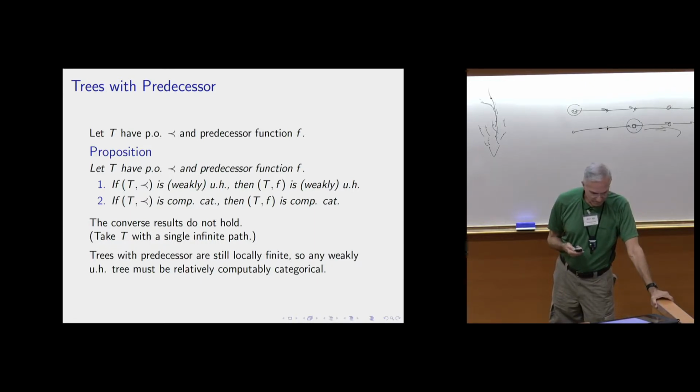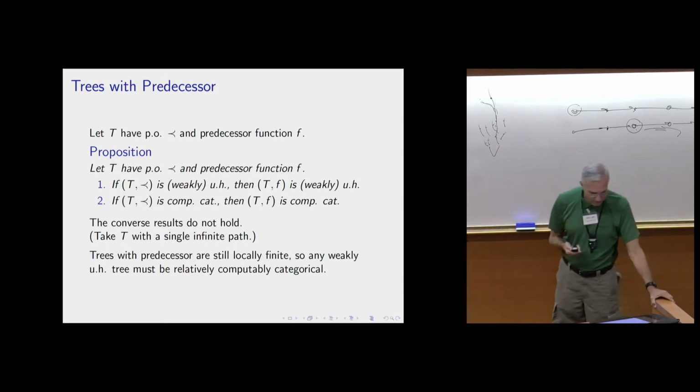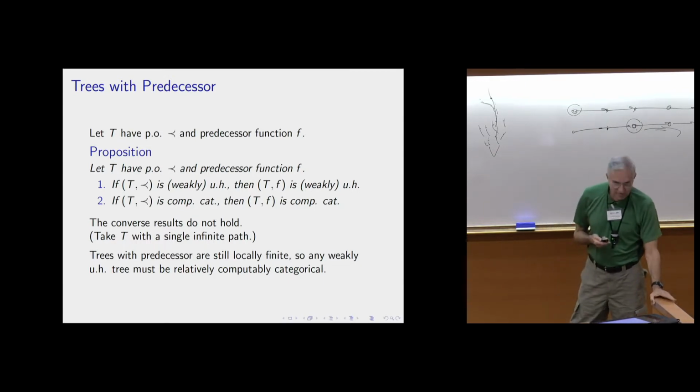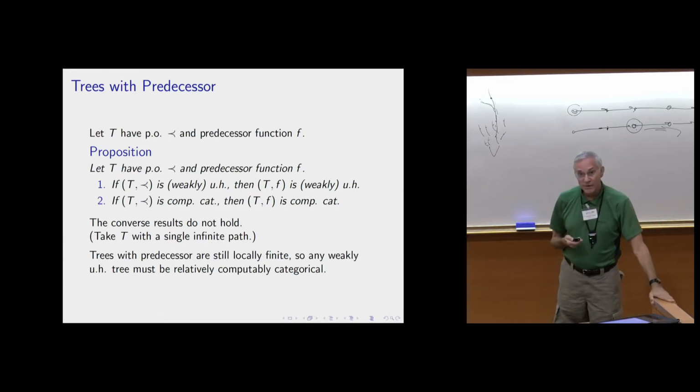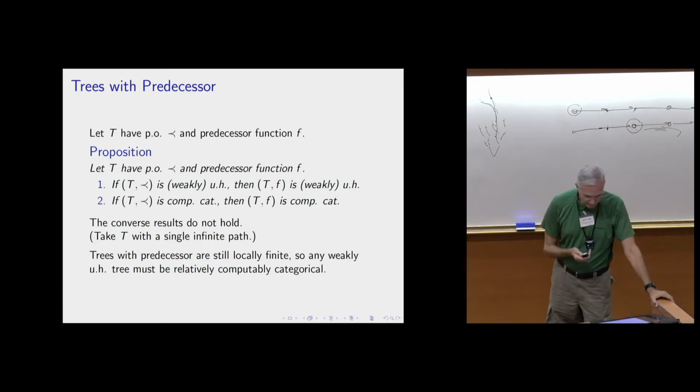If you have a tree with a single infinite path, then under the predecessor, this should be ultrahomogeneous. Because given two points you generate down, and you just count. If you have the same number of points on your path, then you're the same point. It's basically rigid.